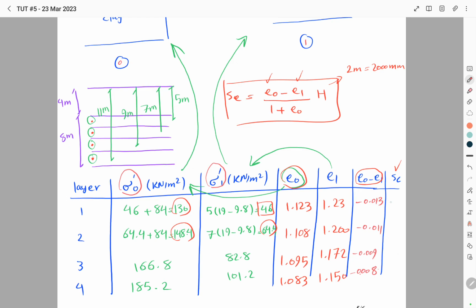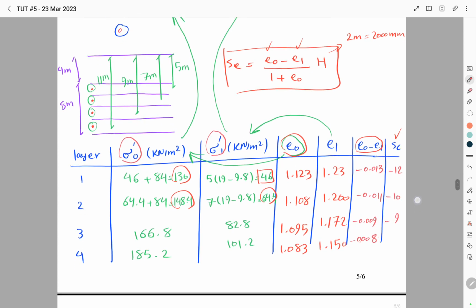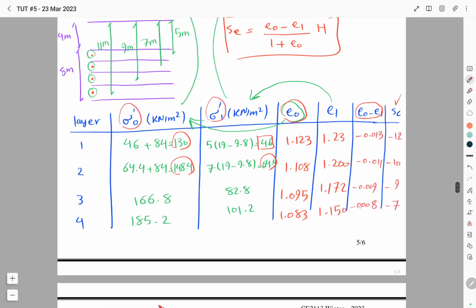So it's negative 12, negative 10, negative 9, negative 7, and the total would be negative 38 millimeters. And the negative sign is an indicator of swelling.